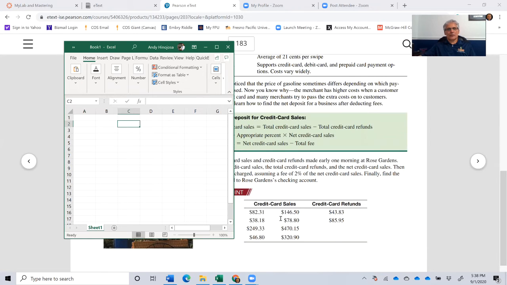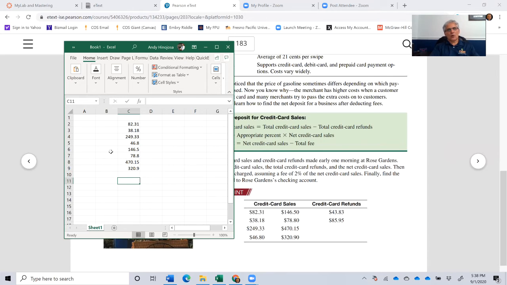So here are the credit card sales. What are we going to add up? We're going to add up 82.31, 38.18, 249.33, 46.8, 146.5, 78, 78.80, 470.15, 320.90.